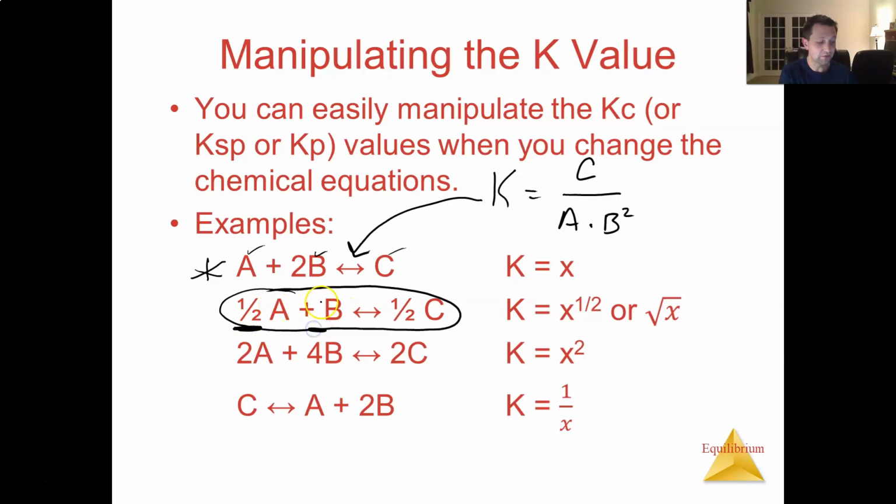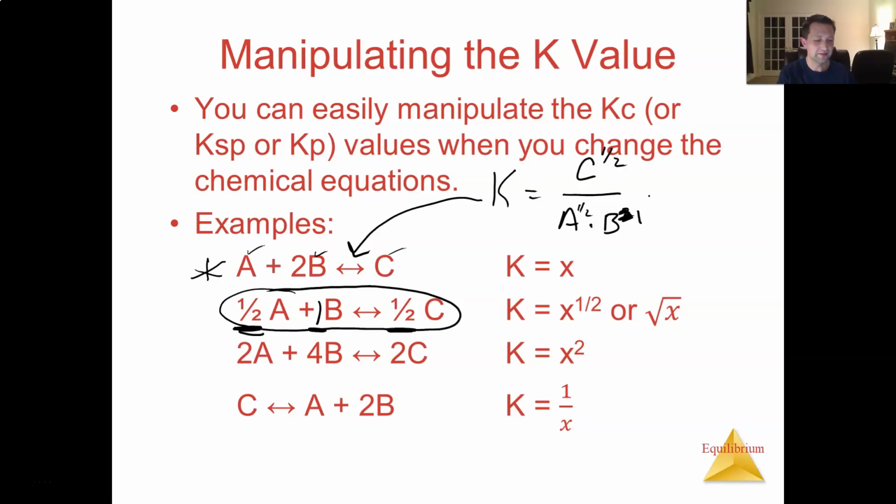This 2 becomes a 1, and the 1 becomes a 1/2. So I'm really multiplying every single thing by a half, and since the half is your coefficient, this will end up looking like C to the 1/2 over A to the 1/2 B to the first.